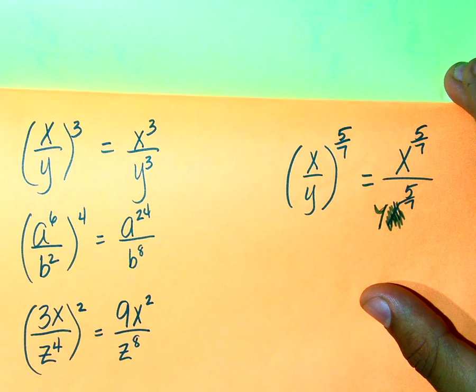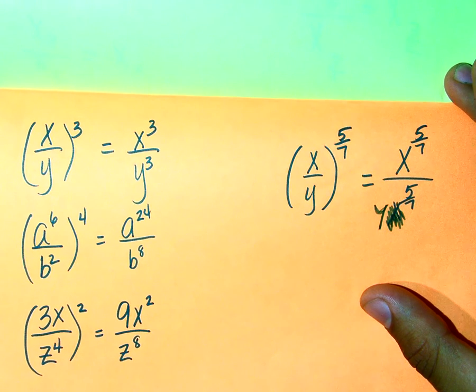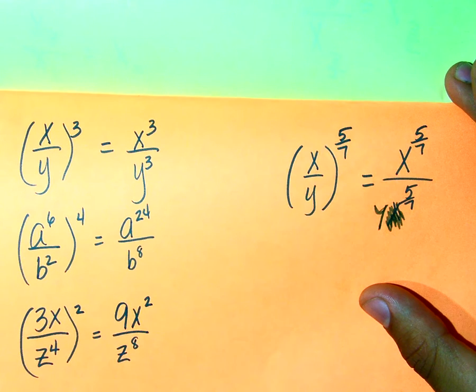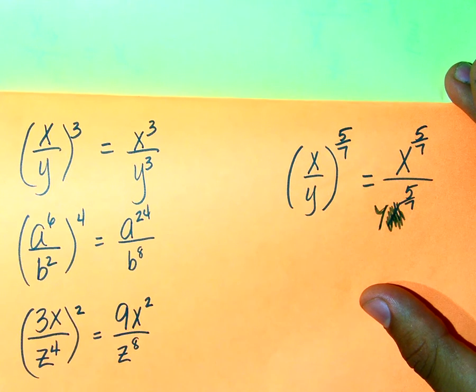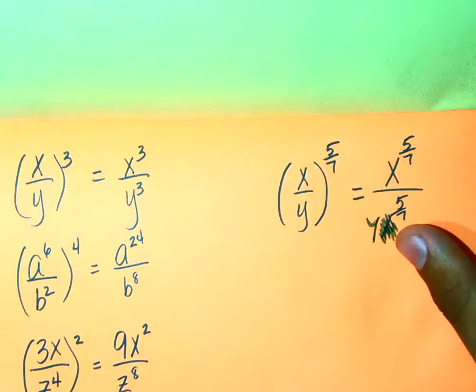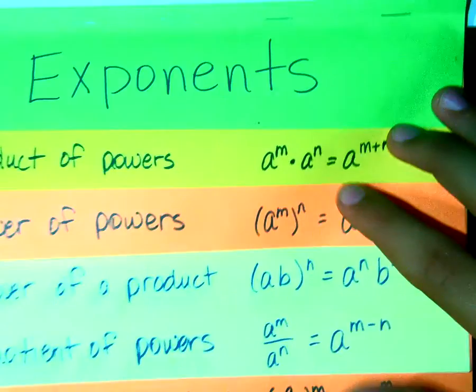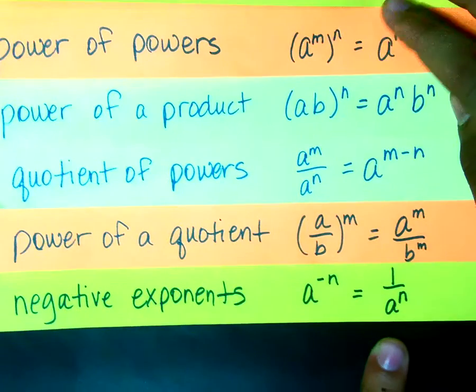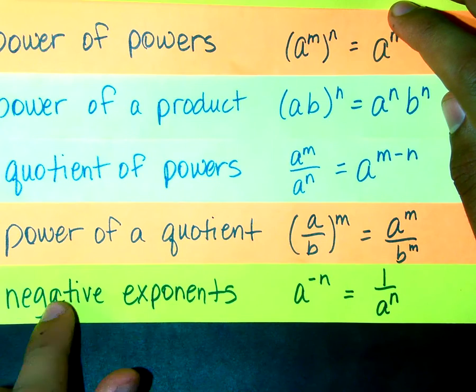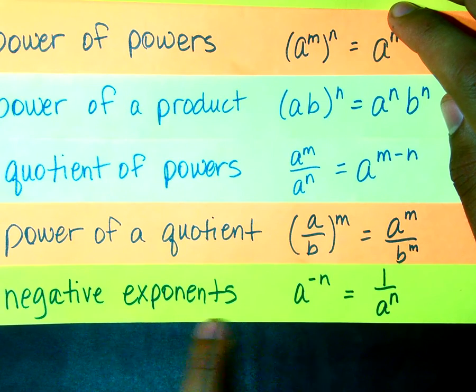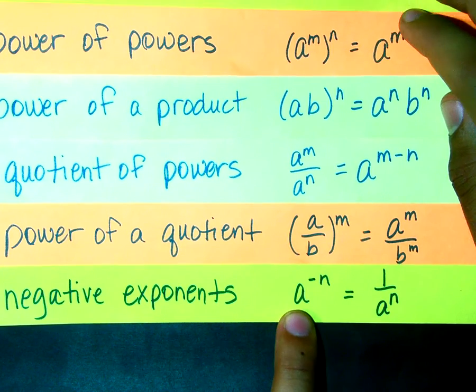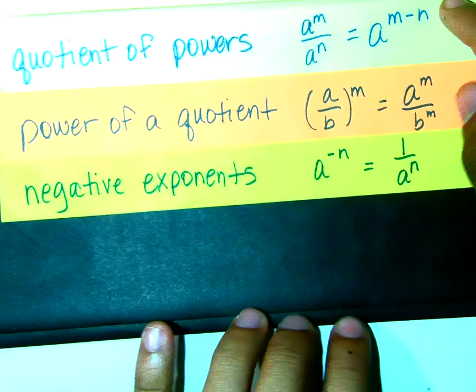Okay, so this is the power of a quotient. So the last one we're talking about, the last tab will be for notes, but the last one we're talking about is negative exponents.